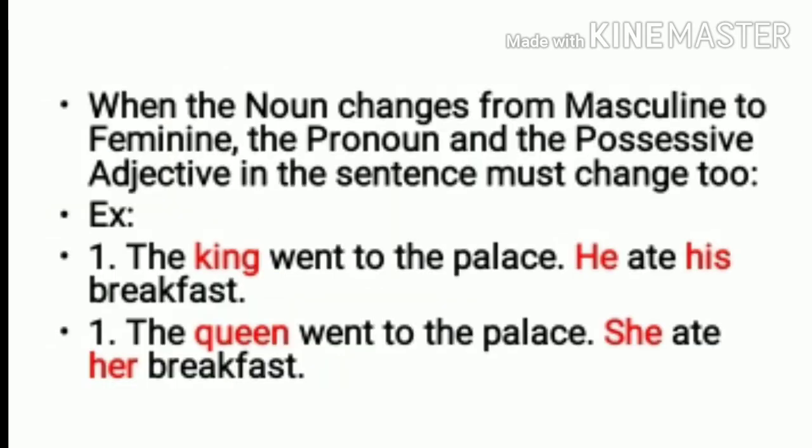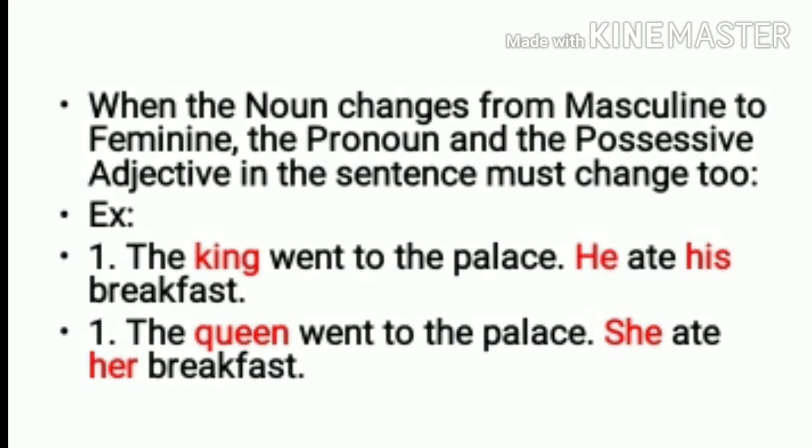Now when the noun changes from masculine to feminine, the pronouns and the possessive adjectives in the sentence must change too. So for example, if we write, the king went to the palace, he ate his breakfast. Why do we write he? Because we are talking about the king, which is in the masculine gender. And his, that possessive adjective, because it is in the masculine gender.